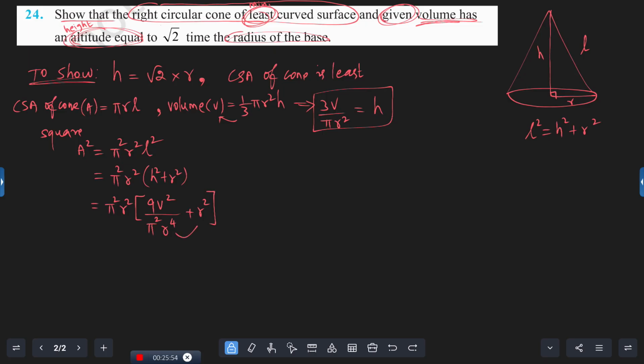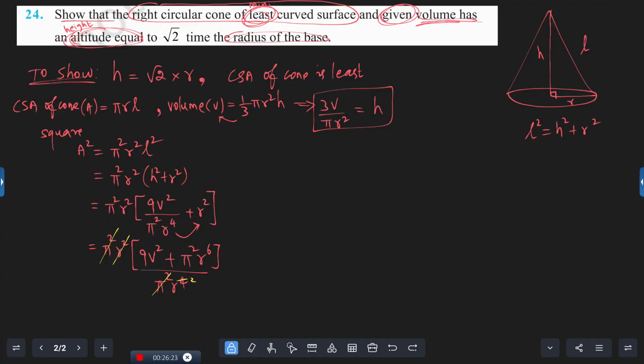Now take cross multiply. What am I getting here? Pi square R square into 9 times V square plus pi square R power 4 into R square, R power 6, whole divided by pi square R power 4. Now you can cancel pi square. R square, one more R square is there.